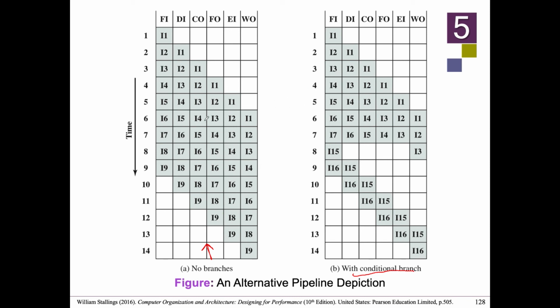If you see over here, this one is continuous. While for the one with conditional branch, you need to remove basically unnecessary fields before you proceed.